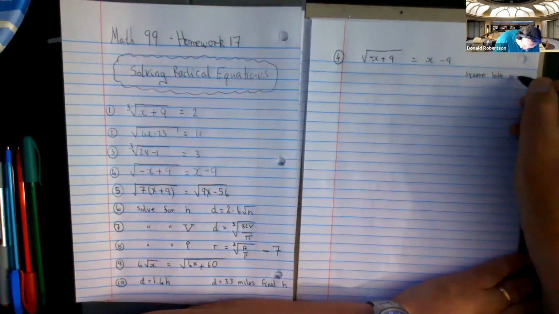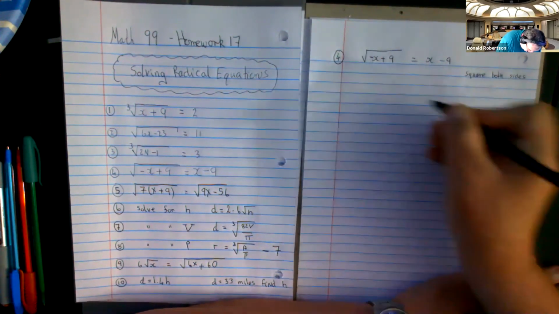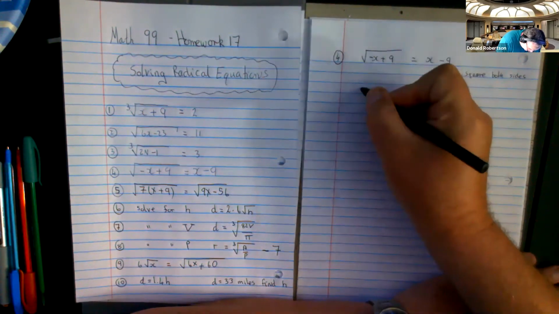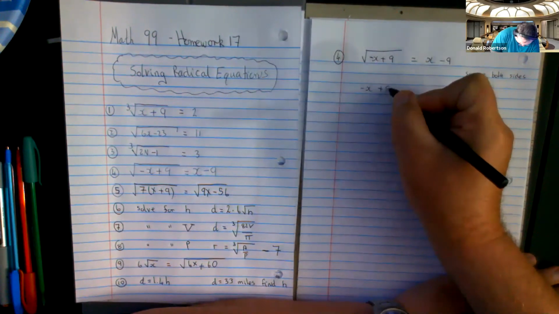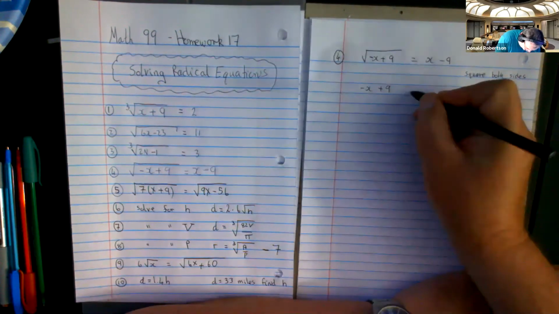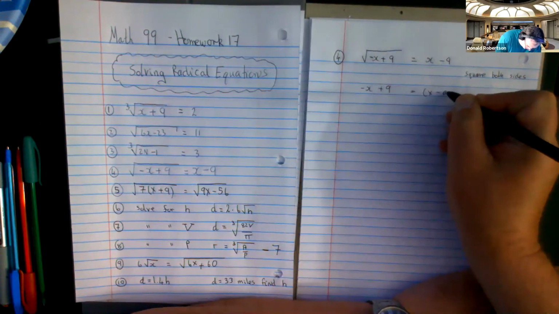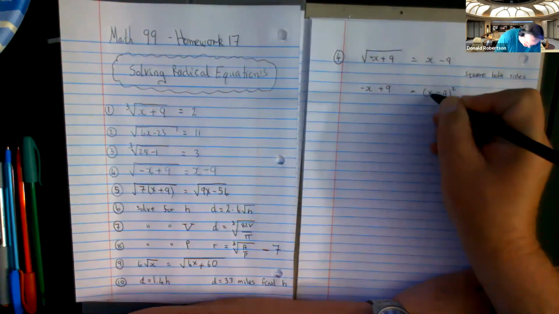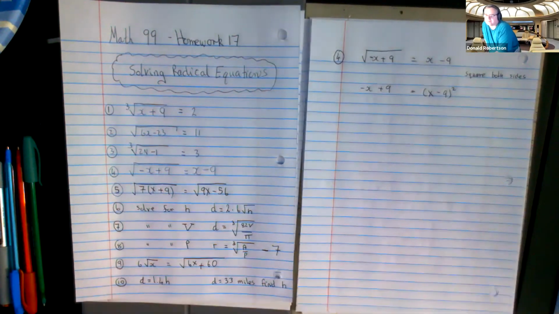I want to show you why this one is sneaky. If you square this side, the square root disappears. But you have to square both sides, which means that you've now got that.